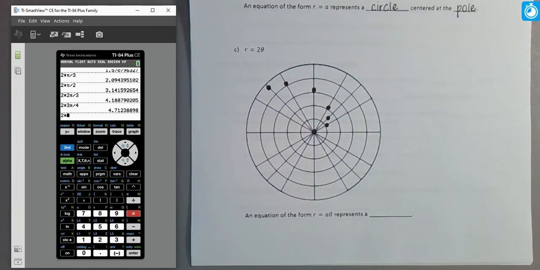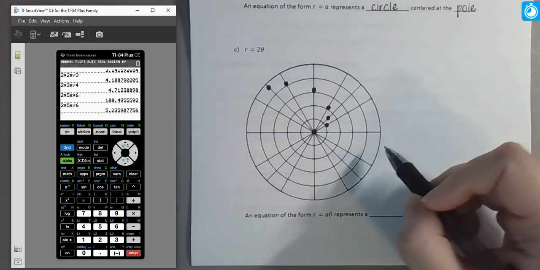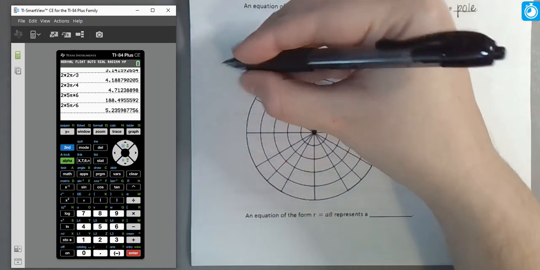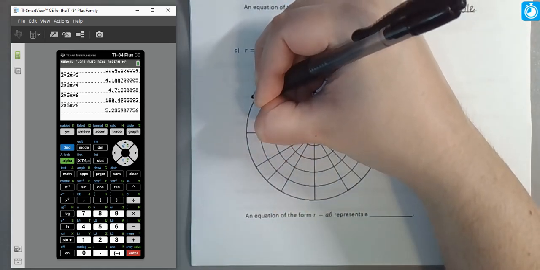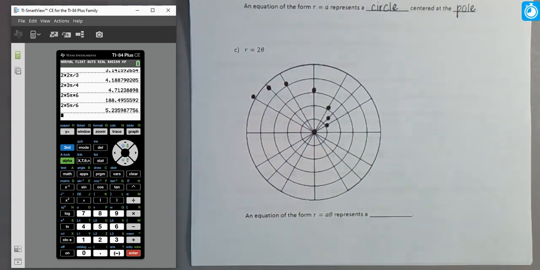So r will be 2 times 5 pi divided by 6, and that's about 5.2. So notice we fall off the grid. If we want to graph it, it's just a little bit further out than there. And of course, past that we'll continue outside of our grid.